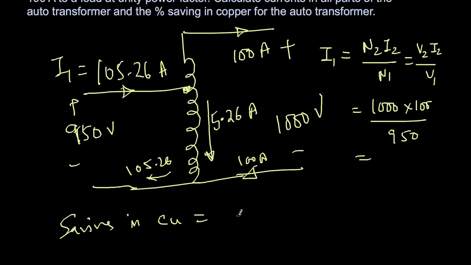All right, savings in copper. Savings in copper will be again, I think, 1 by K. So what is K here? K is N2 by N1, that is 1000 by 950.